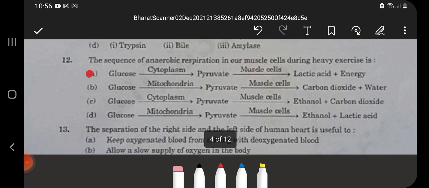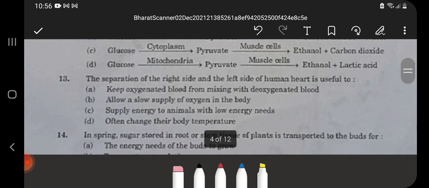Next, going to 13th question. The separation of the right side and the left side of the human heart is useful to... The answer is A: keep oxygenated blood from mixing with deoxygenated blood.